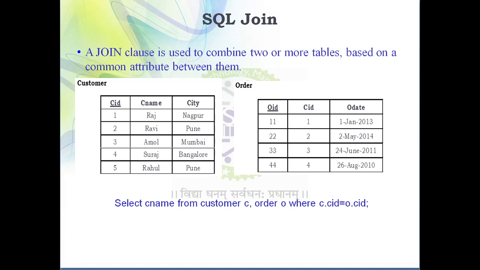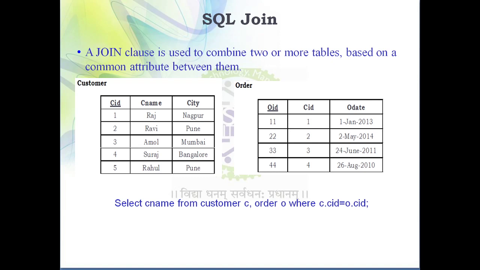So in this way I come to know that I require two tables, the customer table and the order table. Whenever you perform a join operation, you need to take care that there is at least one common attribute, because when we combine two things that have some common attribute between them, then we can form a cluster. Just as all of you students are sitting in this class because you all belong to the third year CSE.